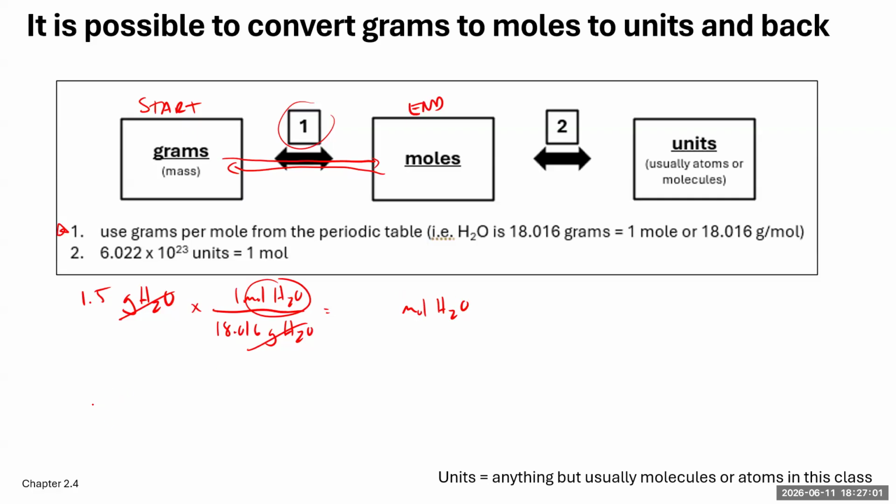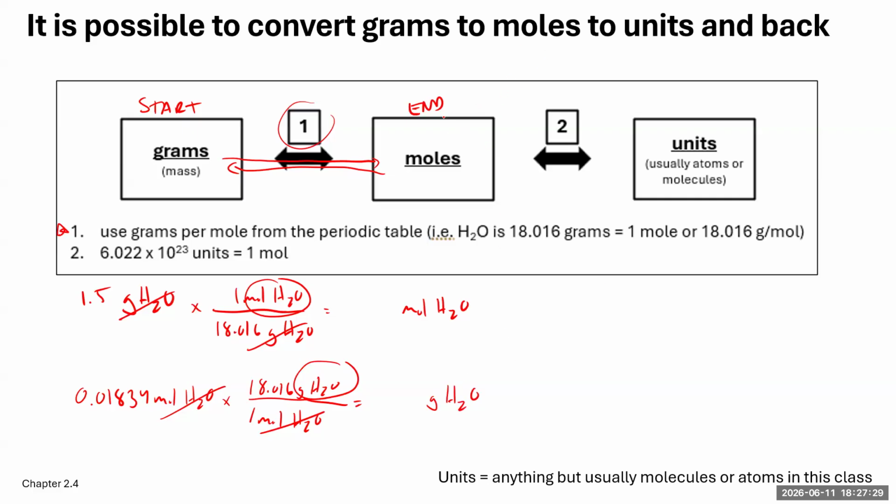Let's say you had now moles. Let's say you want 0.01834 moles of water. Well, you would just use the reverse and put the moles on the bottom. Right? Because here, moles of water cancel out, and then your answer is left in grams per mole.